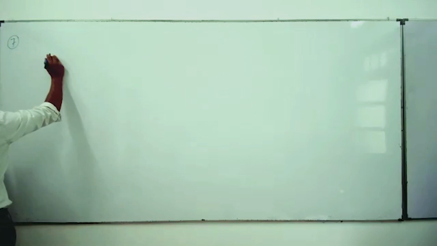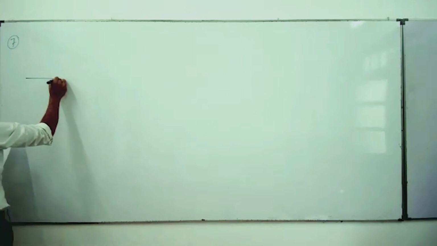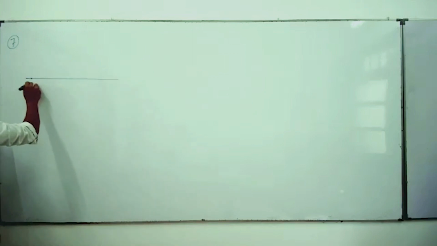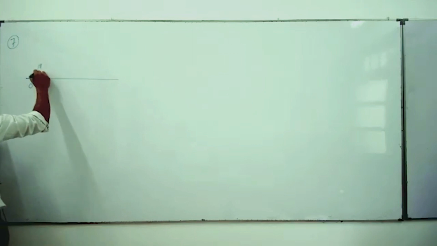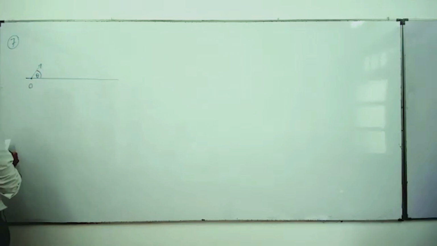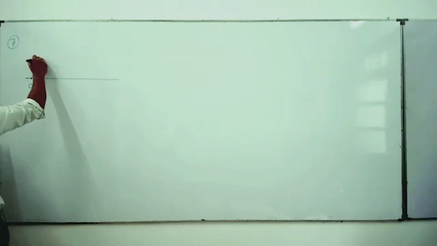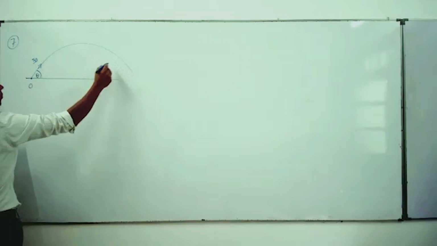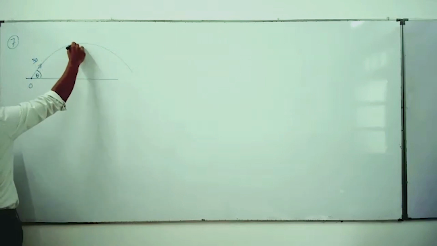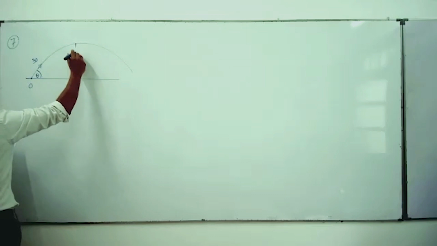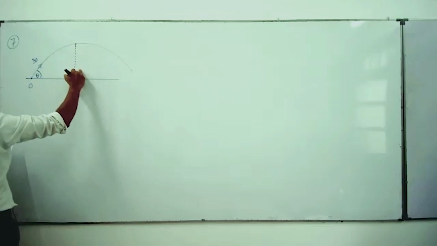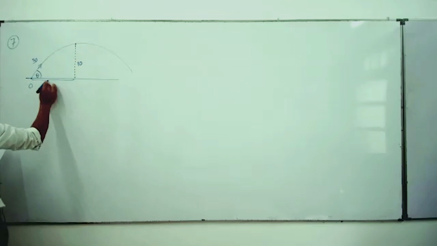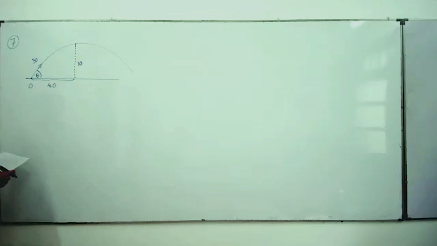Right. Now, a particle is projected from point O with an angle theta, velocity 30. This way it passes the point of height 10 meters and distance from here of 40.